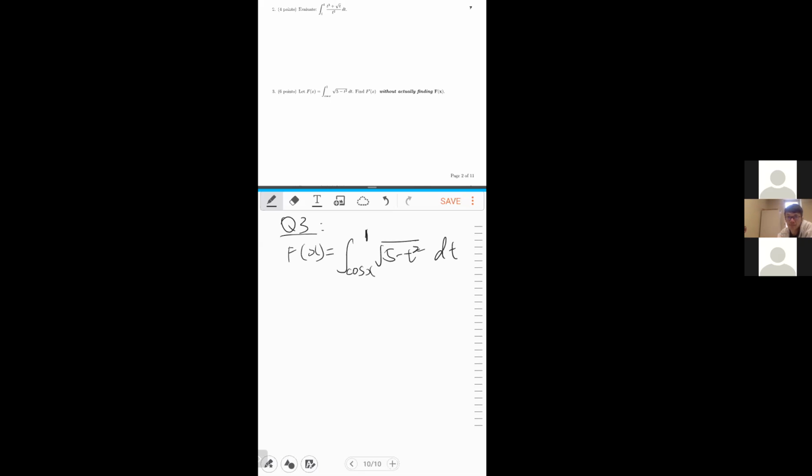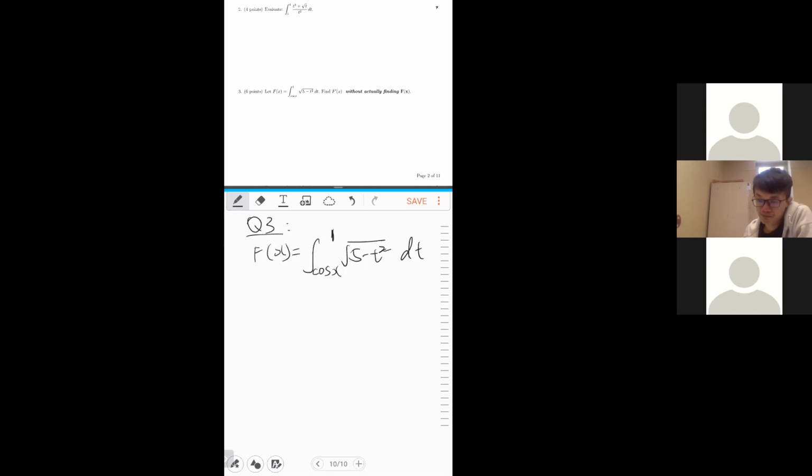So what do I do? Okay, so the lower limit is cosine of x, the upper limit is 1. Oh, by the way, what theorem are we going to use for this question?